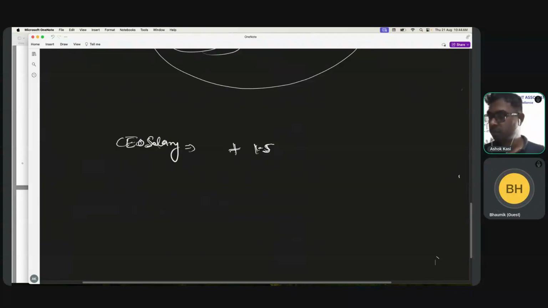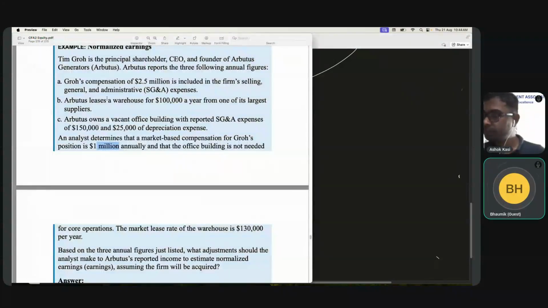The next one: Arbitrus leases a warehouse for 100,000 a year from one of its largest suppliers. The market lease of the warehouse is 130,000, but the company is leasing it for 100,000.